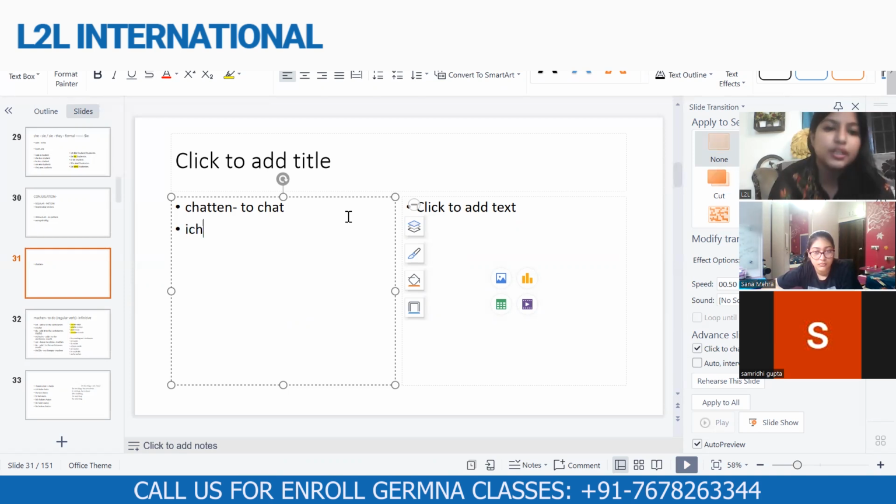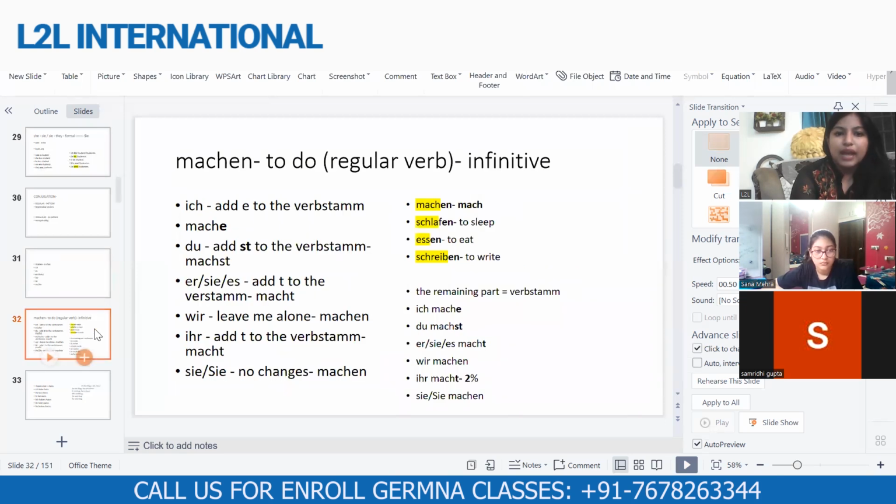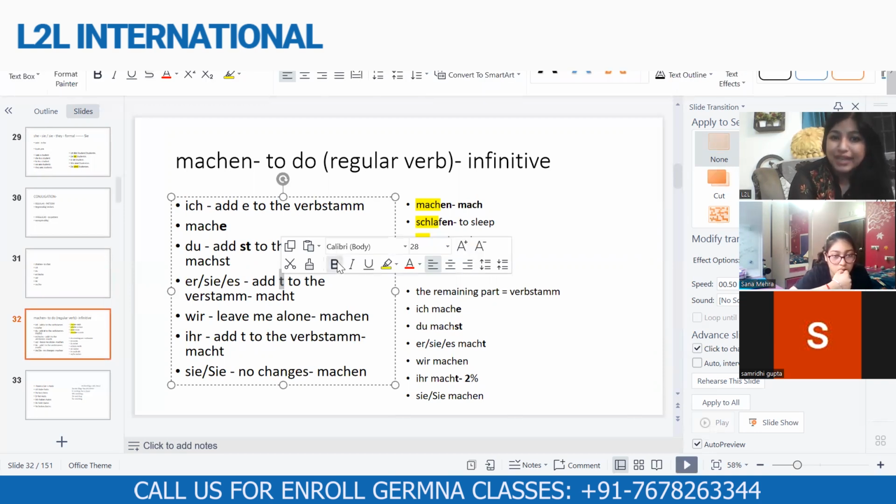So can you conjugate the verb with ich, du, er, sie, es, wir, ihr, and sie, remembering the pattern? Who can do this for me? You just need to remember the pattern. With ich, you need to add E to the verb stem, with du st. With er, sie, es, you have to add t.